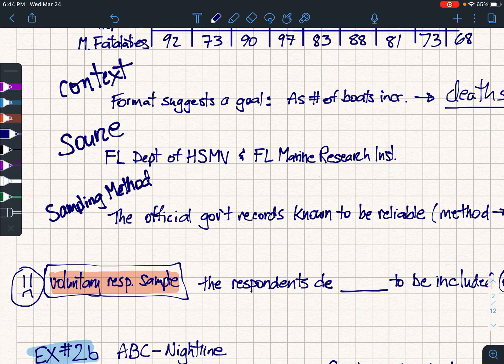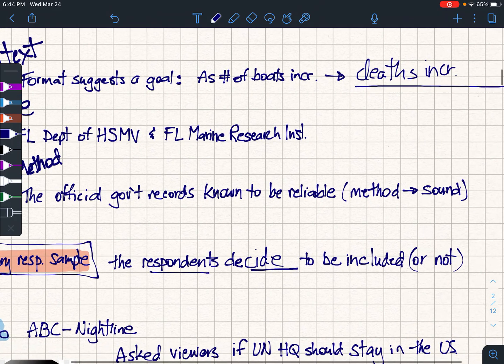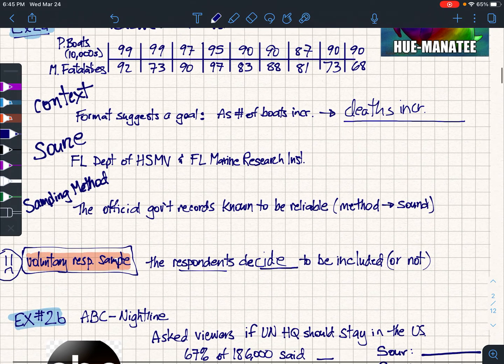And the problem here is that the respondent, whoever fills out the questionnaire, decides to be included or not. Because this is a voluntary response, you're only going to get responses from certain people. Maybe people who are passionate about the subject, and we'll see that in an example here.